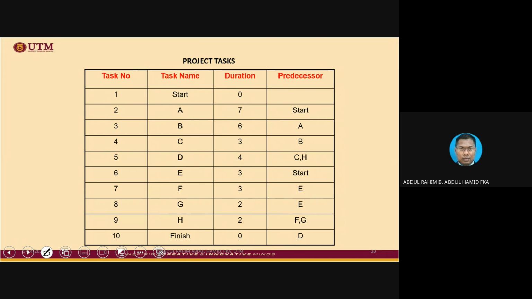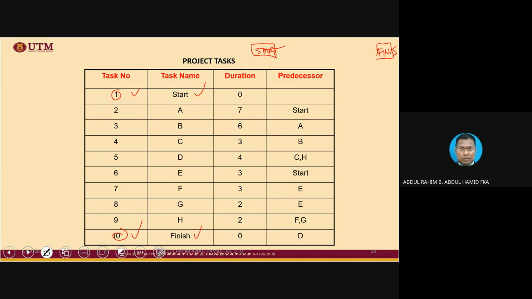You have 10 boxes, 1 until 10. So you will draw the box, start. And you know that at the end of the day, this is the finish. So now you already have these 2 boxes for this one and this one.